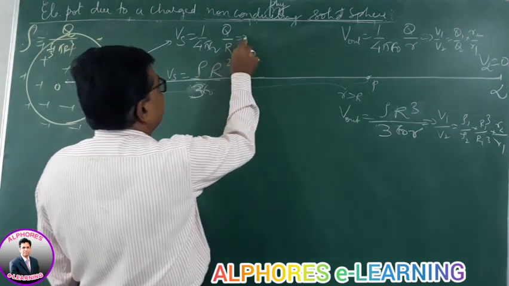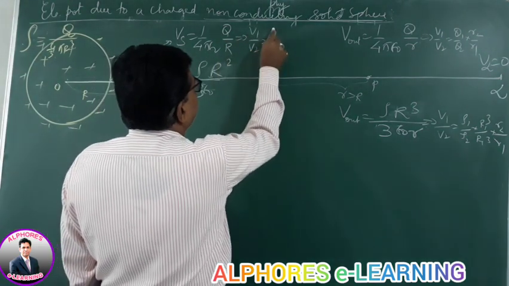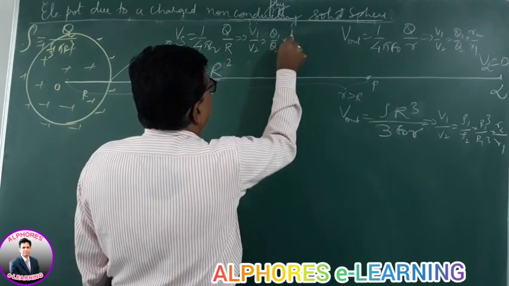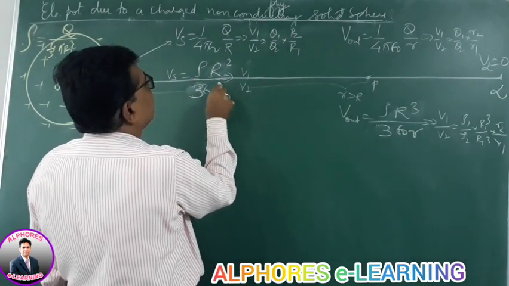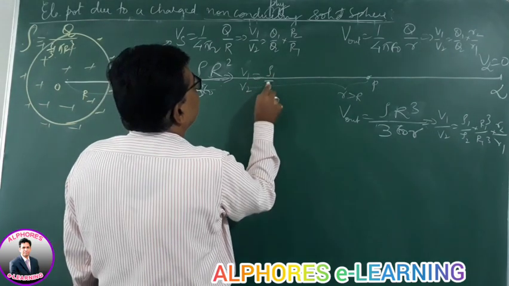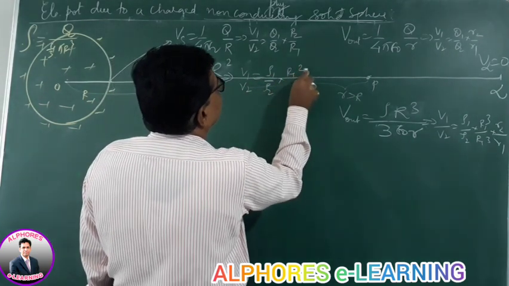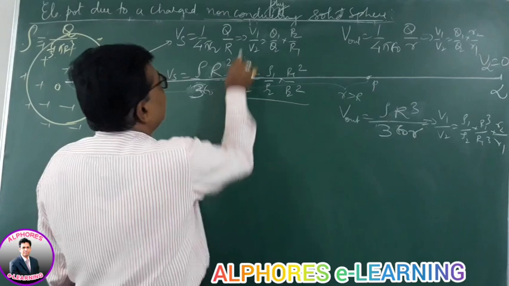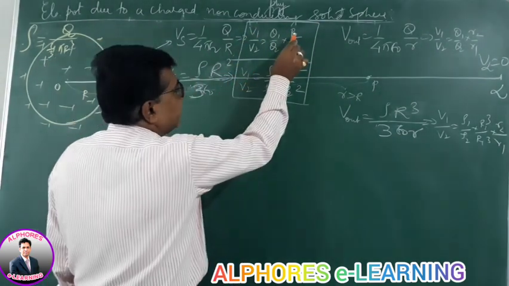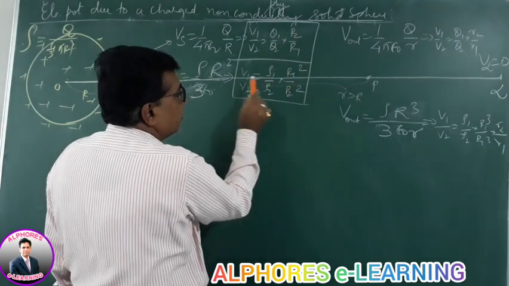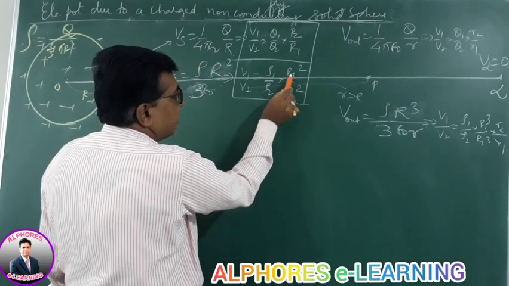Again taking the ratio here, V1 by V2 is Q1 by Q2 into R2 by R1. But here, from this formula, V1 by V2 is rho 1 by rho 2 into R1 square by R2 square. Very important comparison. For the same potential, here the ratio is R2 by R1, but there it is R1 square by R2 square.